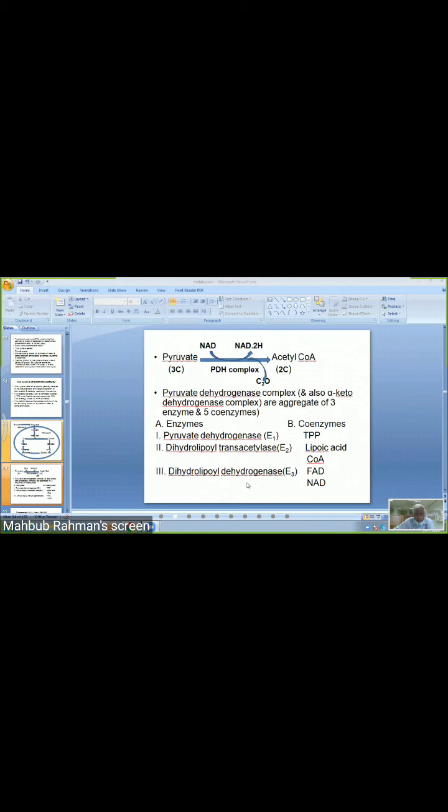Deficiency of these enzymes is very rare, but if there is deficiency of one coenzyme, say thiamine pyrophosphate, that means vitamin B1, the reaction will be slowed. The conversion of pyruvate to acetyl-CoA will be slow, meaning there will be less energy production.